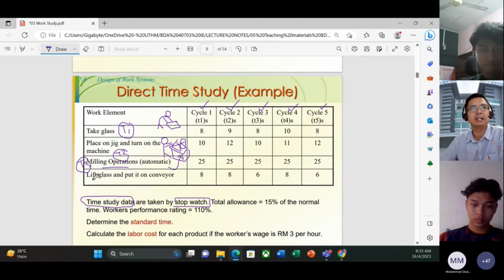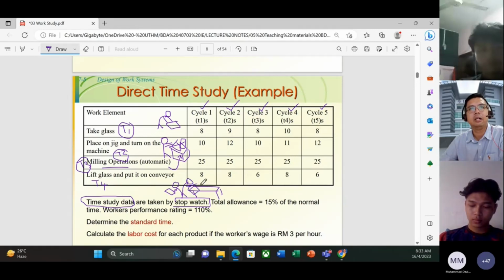And last, task number four, lift a glass and put it on the conveyor. So after this, they take the glass manually from the machine and put it on the conveyor. Let's say I draw the conveyor and put it here.